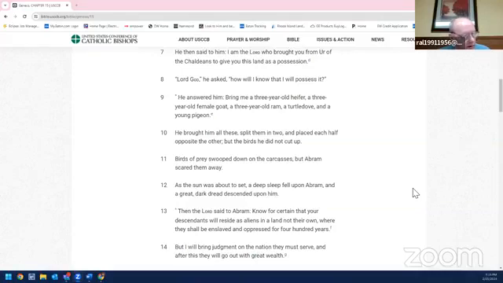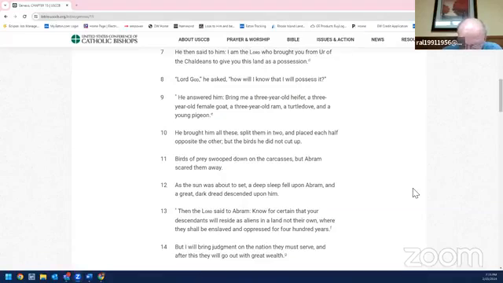Now, this is where God begins making the promises to Abraham that become the Abrahamic covenant, as it's called. Lord God, he asked, how will I know that I will possess it?